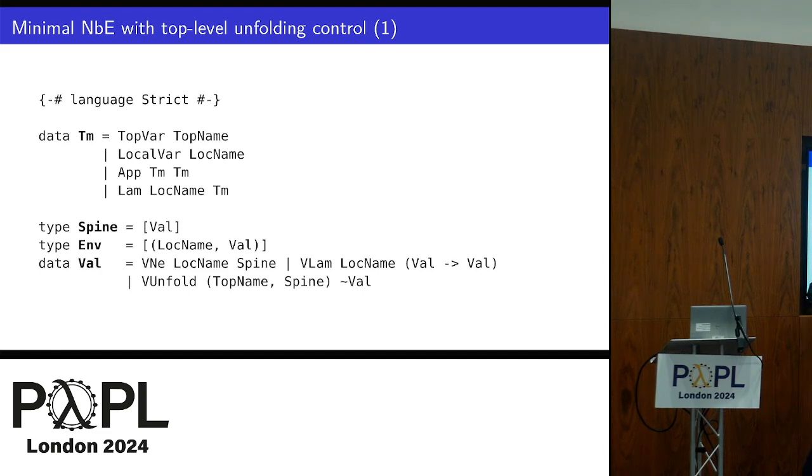And then we have this extra thing, which I call V-unfold. And this is a delayed choice about definition unfolding. So this part of this data constructor, this top name and a spine, is a top definition, and the unfolding of this top definition is being delayed, but then it can get applied to a bunch of function arguments. So this is this spine.